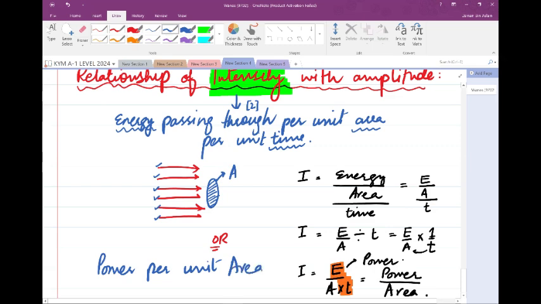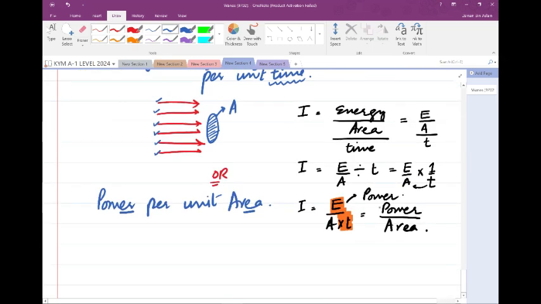Both of these definitions will be acceptable for us in the examination. And that's the formula for intensity. I'm going to highlight that for you: energy over area over time, or instead of that, you can also memorize power over area. The SI unit for power was watt, and the SI unit for area is meter square. So intensity is going to have a unit of watt per meter square.